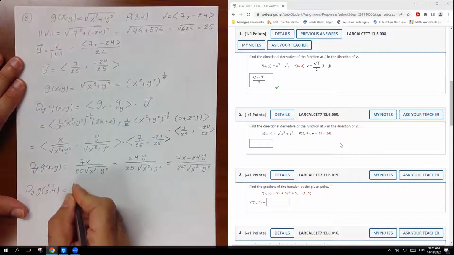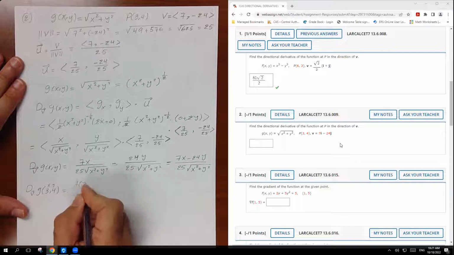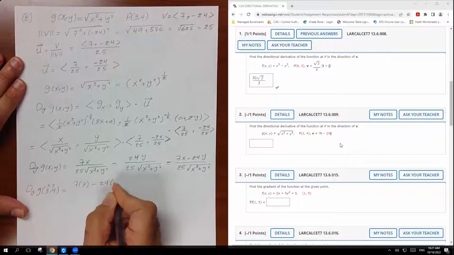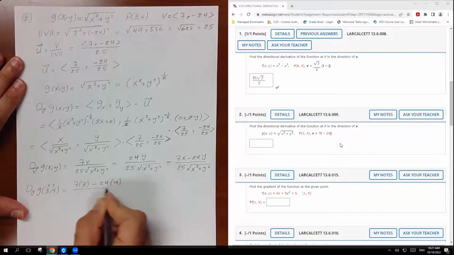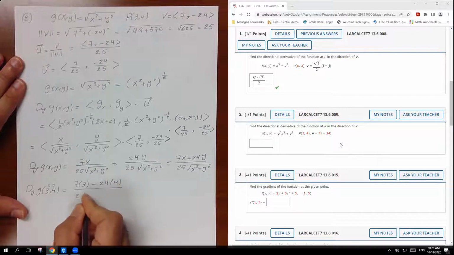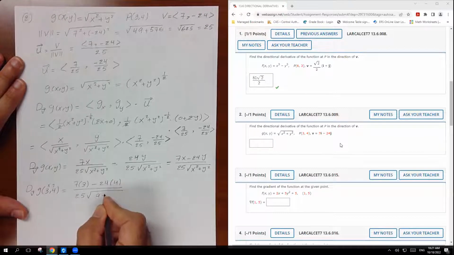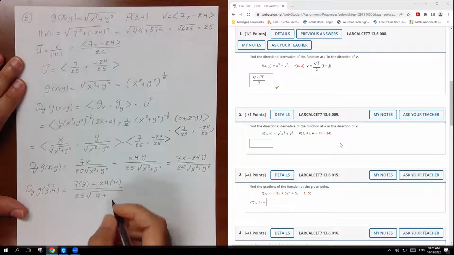It's going to be 7 times 3 minus 24 times 4, all divided by 25 times the square root of x squared, which is 9, plus y squared, which is 16.